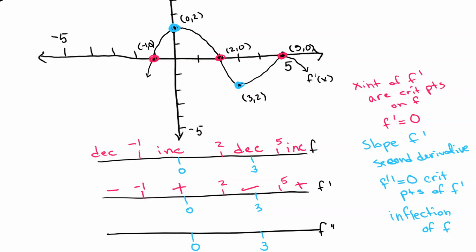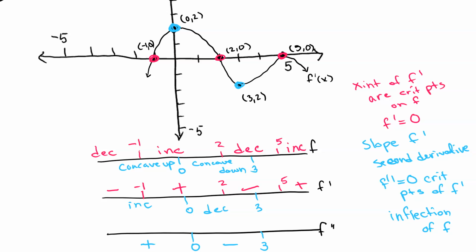Then I look at my slope of f prime to draw conclusions about concavity. So I'm increasing to the left of 0, which means I'm concave up to the left of 0, and my second derivative is positive. I am decreasing between 0 and 3, so I'm concave down on my original function, and negative for my second derivative.